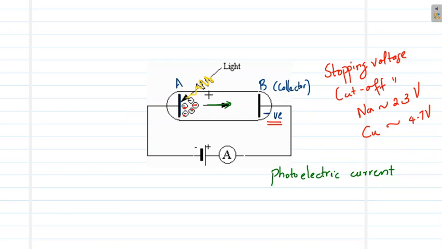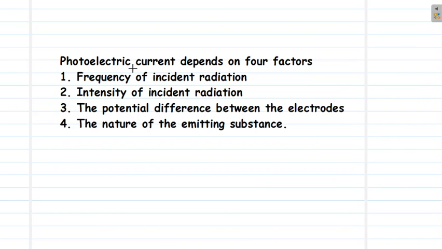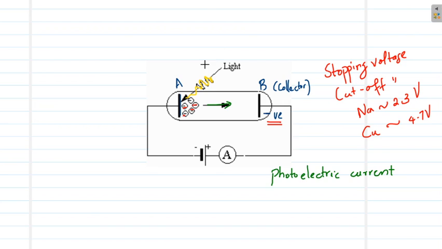Then the experiment was continued with many other criteria and parameters. Plenty of interesting aspects related to the photoelectric effect were obtained through experimental analysis. So it was found that the photoelectric current or the photocurrent depends on 4 factors. First factor is the frequency of incident radiation. Then the intensity of incident radiation. Then the potential difference between the electrodes. That factor we have already seen.